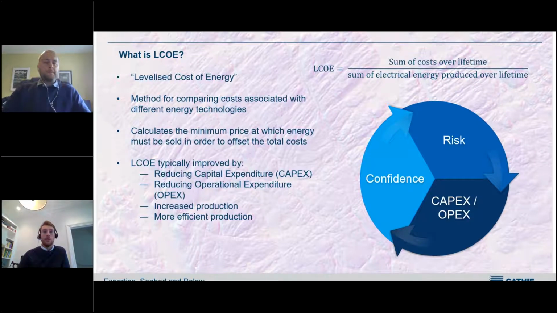It includes what you try to do with your CAPEX in your initial development phase and engineering design phase, reducing your OPEX over time, and also whether we can increase production and more efficient production, and through that we try and add confidence to the design that you're going to recoup those energy costs through the lifetime of it, but also reduce any risk on the part of the project that's going in.